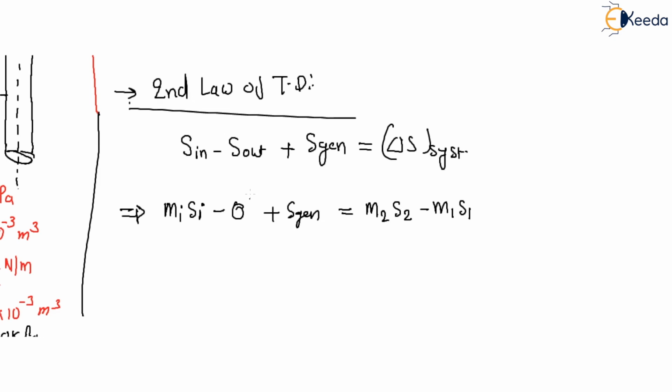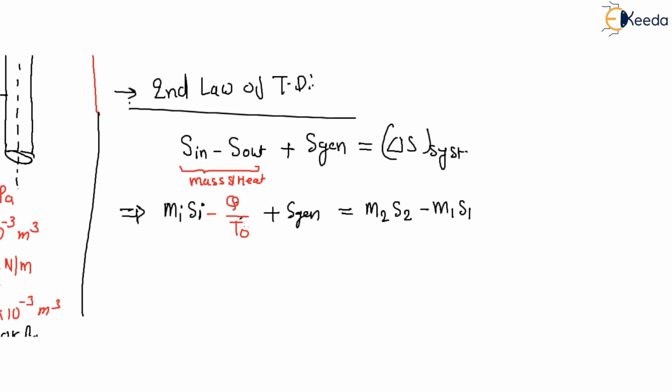And along with that there is a heat transfer also, so this is not 0. Why? Because this is due to both mass and heat. So this is the mass transfer in, and the exit term is heat, Q by T0.